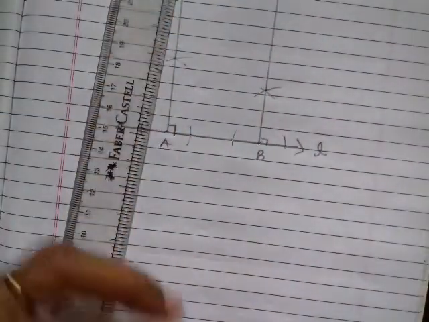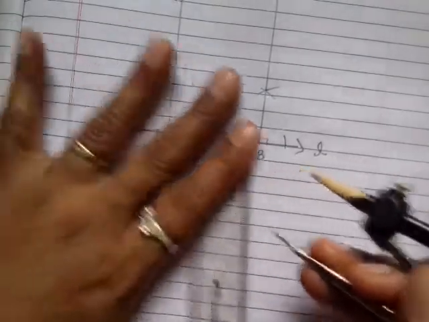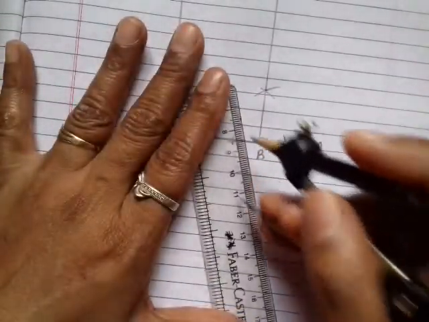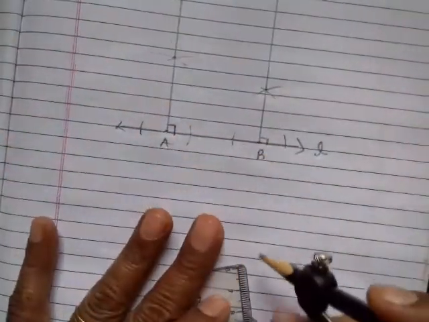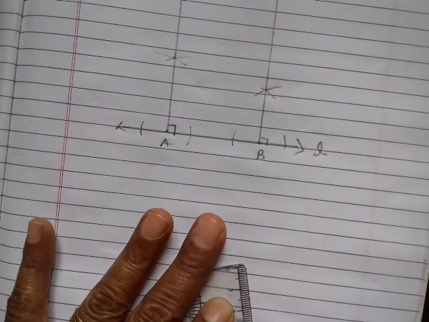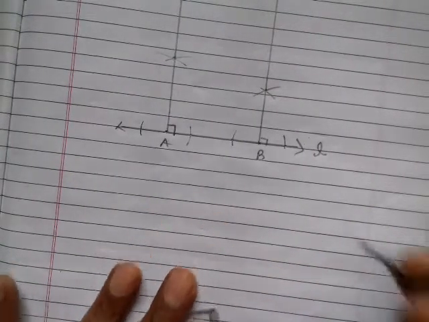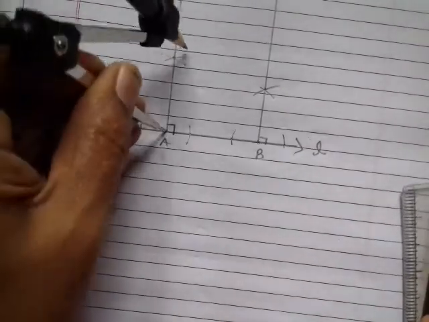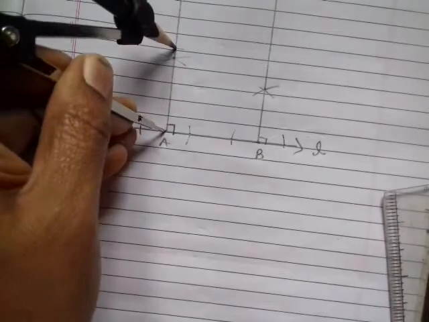Now I want the distance here. So what I will do, on this perpendicular, 4 centimeter from your scale I will take it. Okay, 4 centimeter, from 12 to 8 it is 4 centimeter. I took the 4 centimeter distance. From point A I will mark 4 centimeter here.